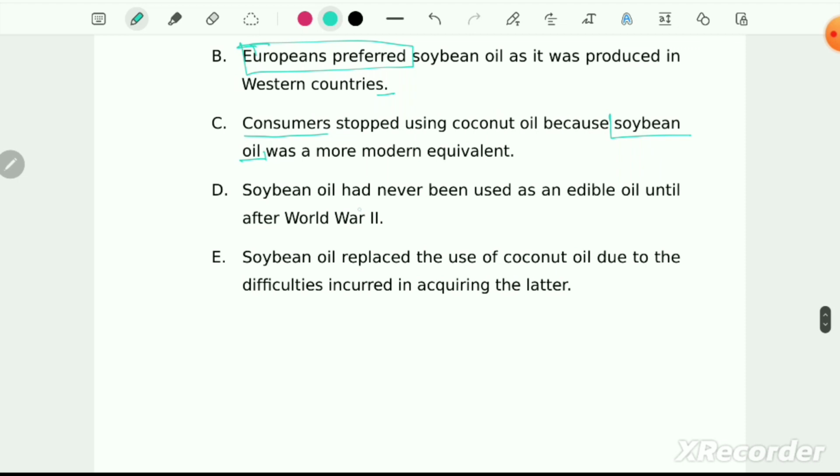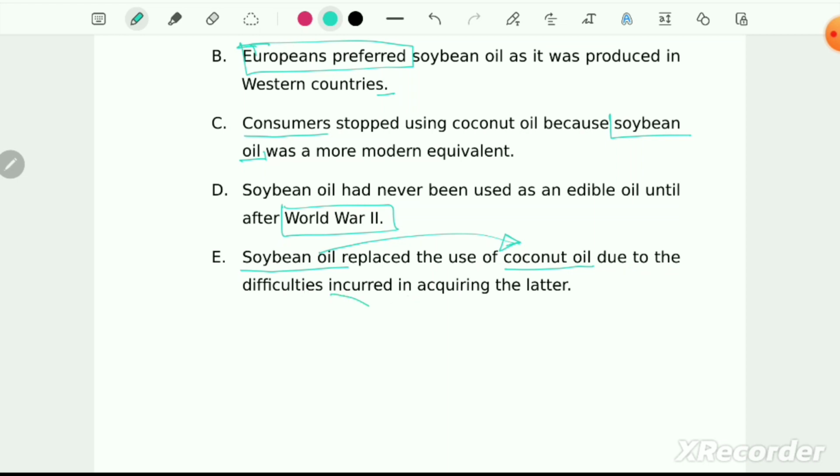Soybean oil had never been used as an edible oil until World War II. This is the keyword. Soybean oil replaced the use of coconut oil due to the difficulties incurred in acquiring the latter. So soybean oil actually replaced the coconut oil. Why? Due to the difficulties incurred.